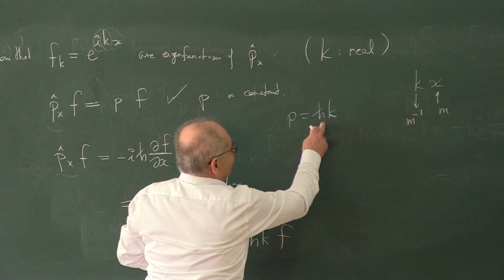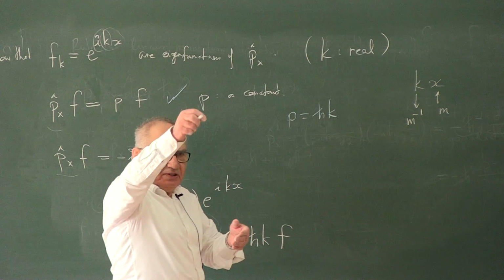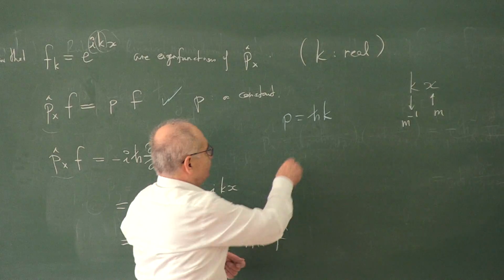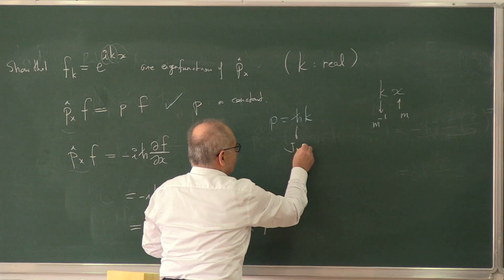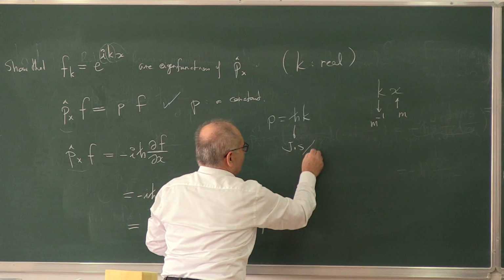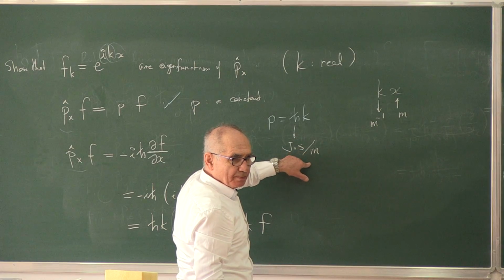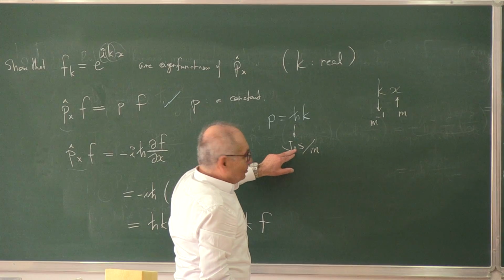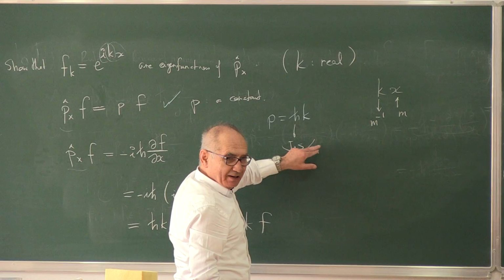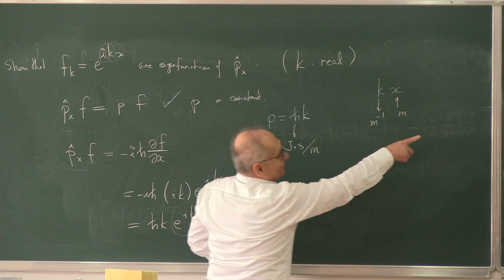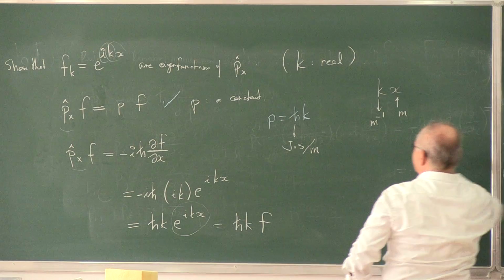Now, h bar is h divided by 2 pi. What is the unit of h? Joule times second. The unit for k is 1 over meters. So, joule times second divided by meters. If you analyze it, you must obtain this.